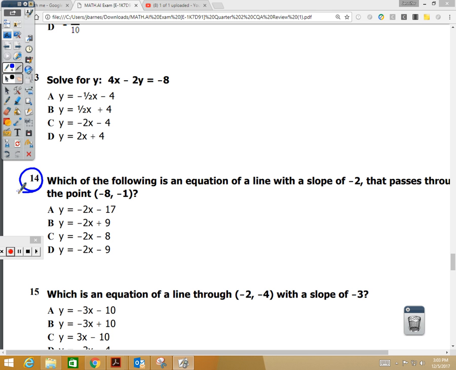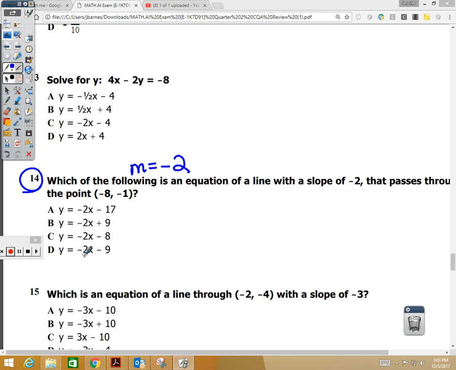Number 14 says, which of the following is an equation of a line with a slope of negative 2 that passes through the point negative 8, negative 1. So they're giving us the slope, m equals negative 2. And you can see that in all of these equations, they all have negative 2 there. So that's not helping us out at all.